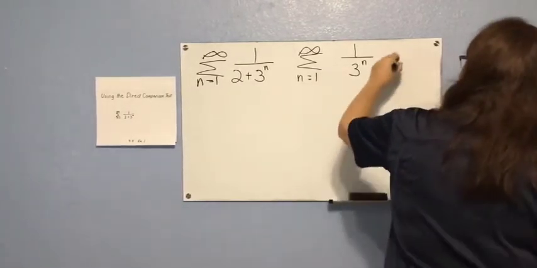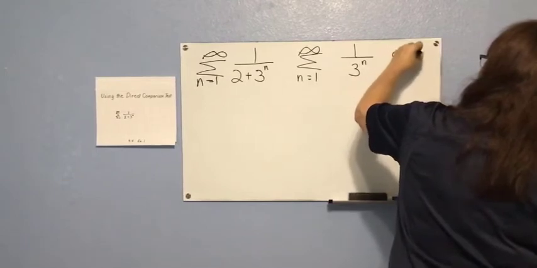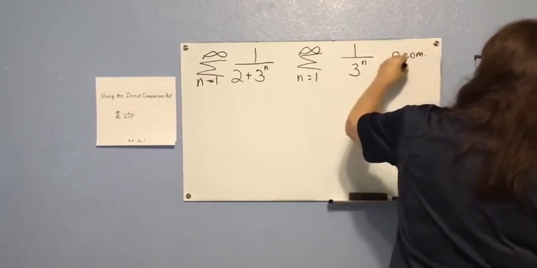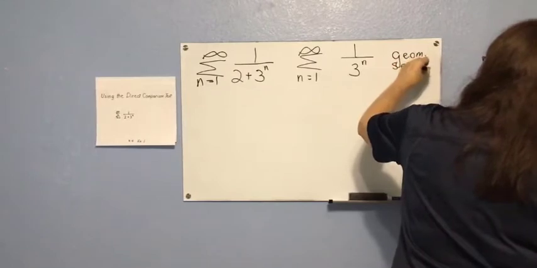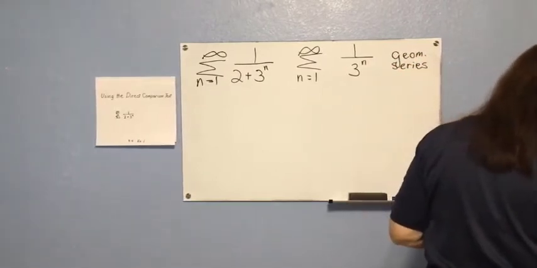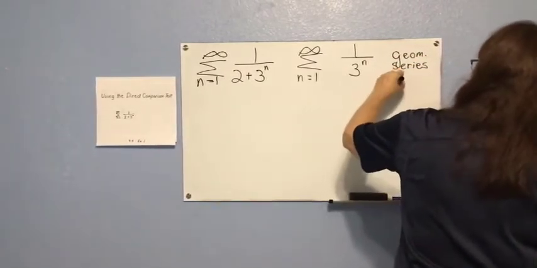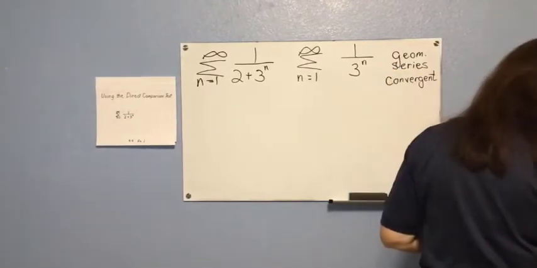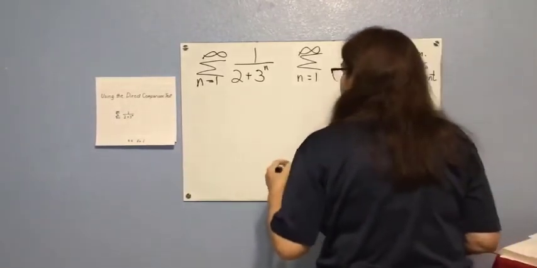Okay, and this is a geometric series, and we saw earlier that it was convergent. Okay, so term by term comparison.